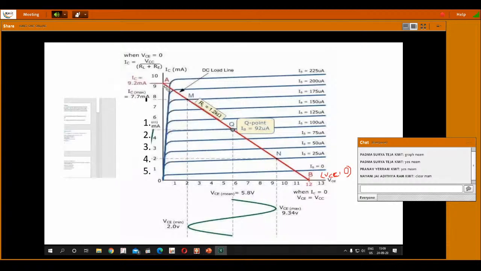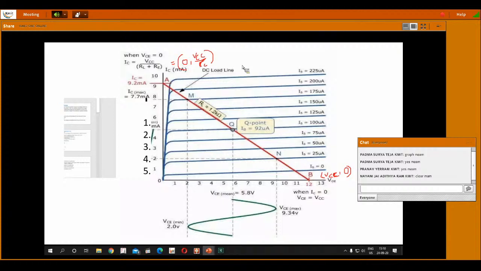Whereas at node A, in order to obtain the maximum collector current, VCE is 0, so the x coordinate value is 0 and the y coordinate value is VCC divided by RC. If I join node A and node B, that is called the DC load line.